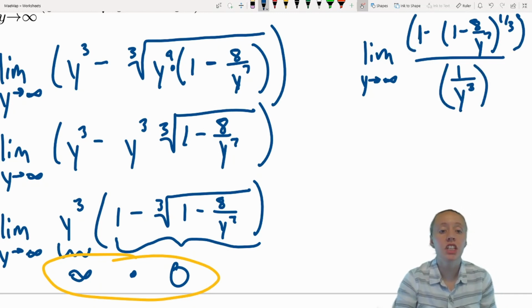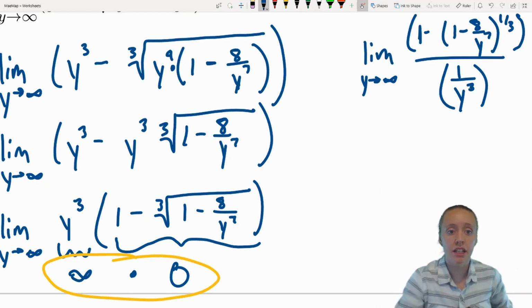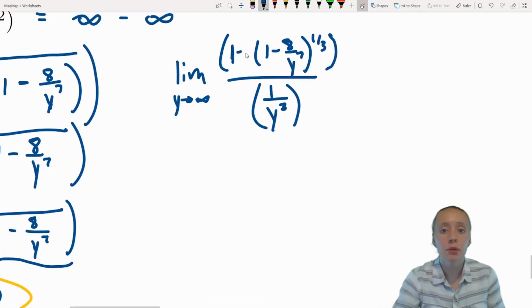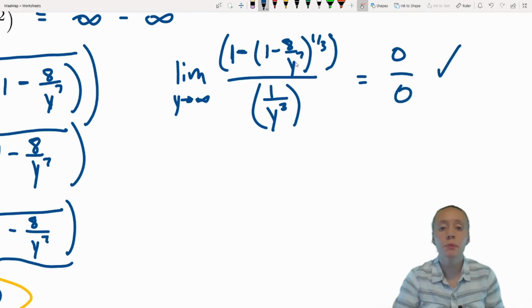You can see I didn't change that value, I just moved that y cubed into the denominator. Now, when I did that, as I approach infinity, the numerator is approaching 0, and my denominator is also approaching 0. 0 over 0, let's perform L'Hopital's rule.